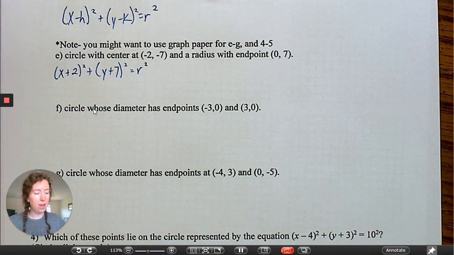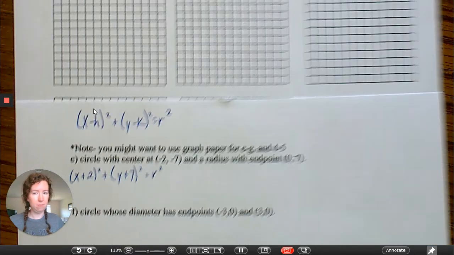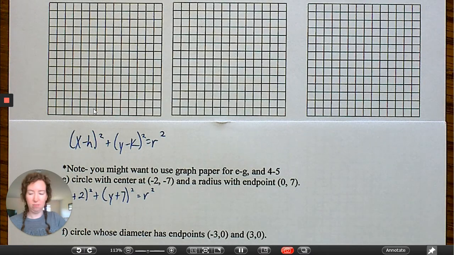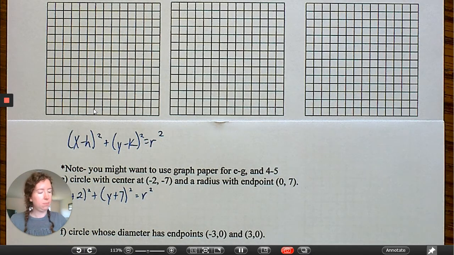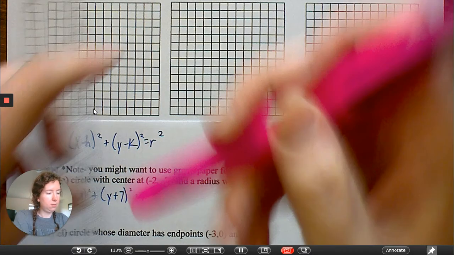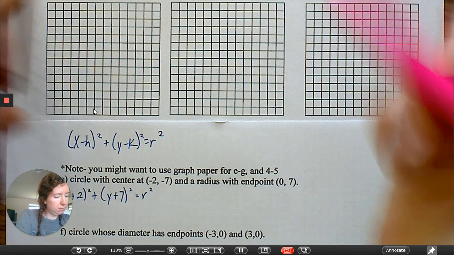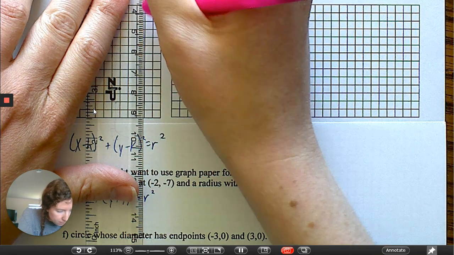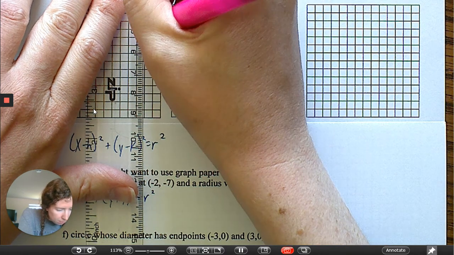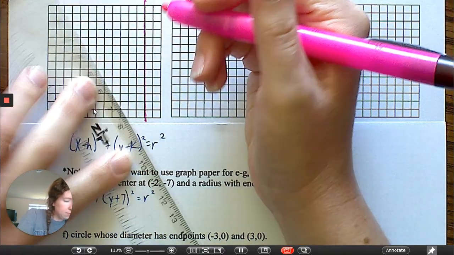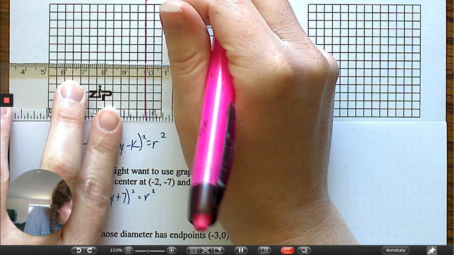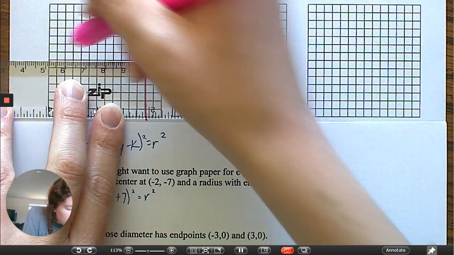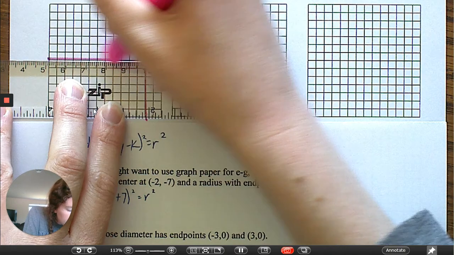If you were to graph this and see what it looks like on graph paper, I need to make it big enough. Here's my y-axis. Here's my x-axis.